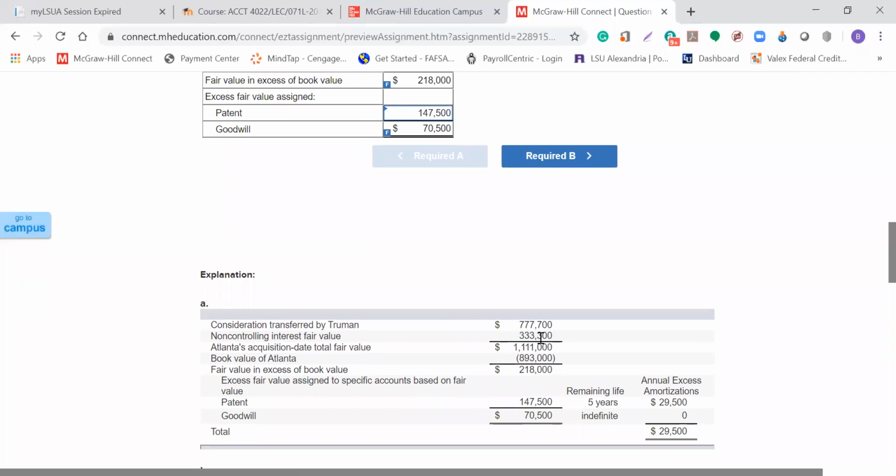Consideration transferred, non-controlling interest. And once again, we have to do the excess amortization to calculate our goodwill.